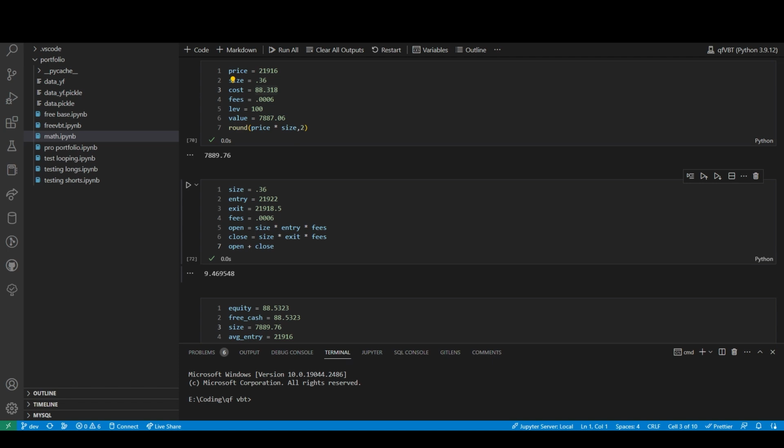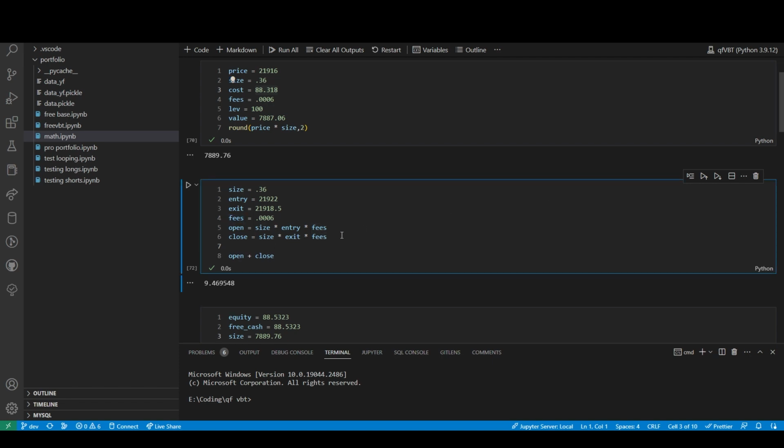And then we also have to do the close P&L, which is trade P&L equals size times entry minus exit.